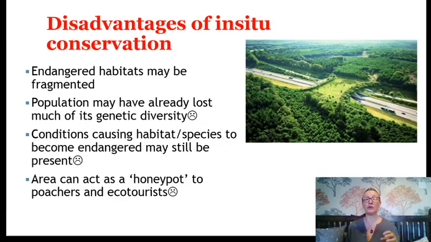But there are a few disadvantages. So some species are threatened because of habitat fragmentation. So if you don't have a big enough area, then it might not be comprehensive enough. And that means that actually those populations are going to continue to decline. They might have already lost a lot of their genetic diversity.